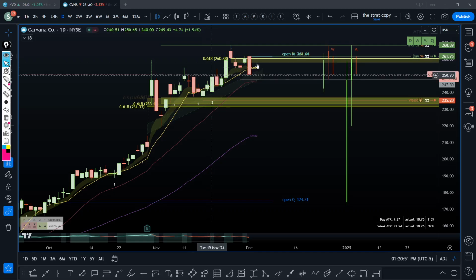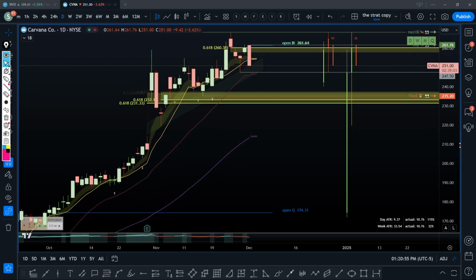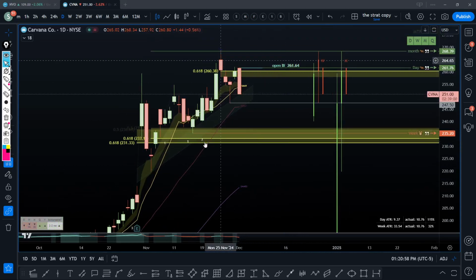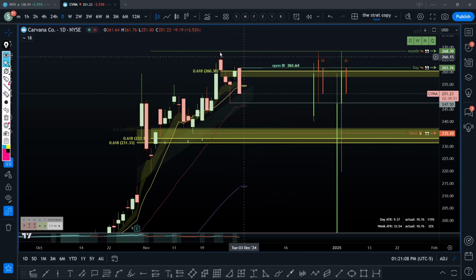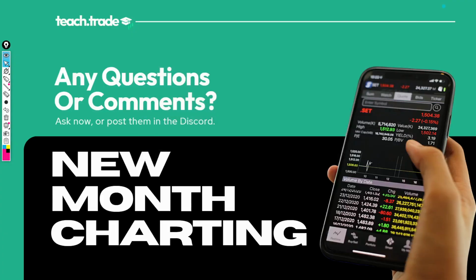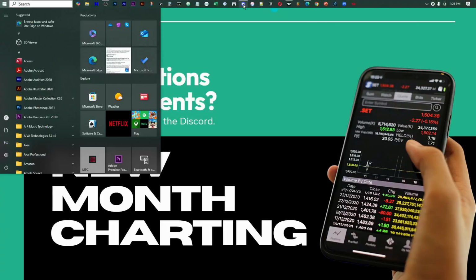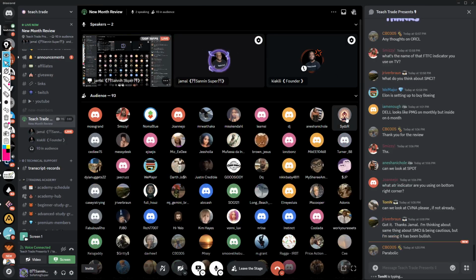I would like to see it back above that golden zone, 260.40, so it could potentially tackle triggering the month two up above 268.40. Carvana has been really strong. Parabolic, yes, that's the word I was looking for.